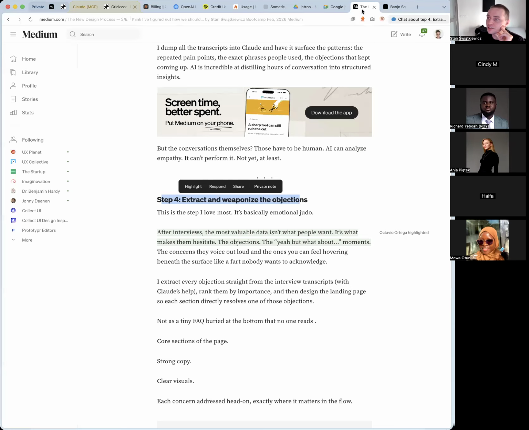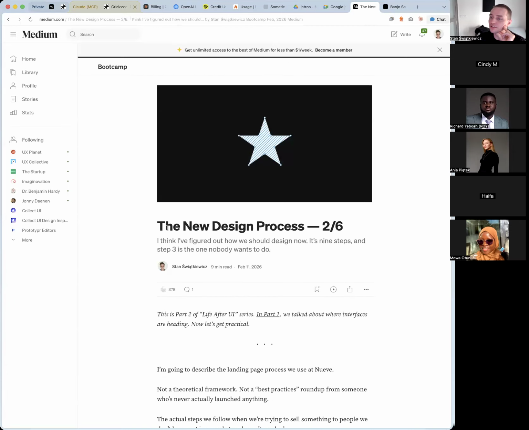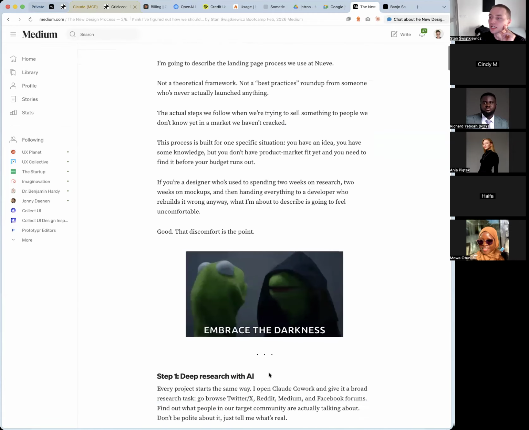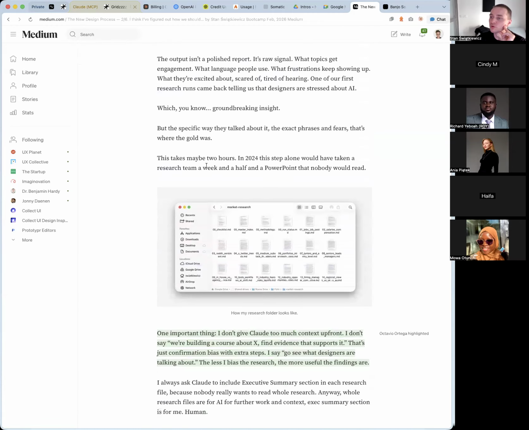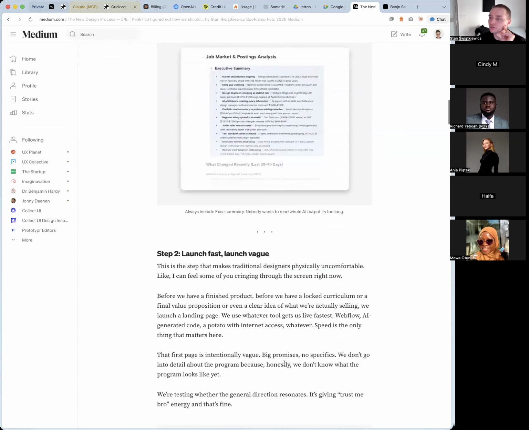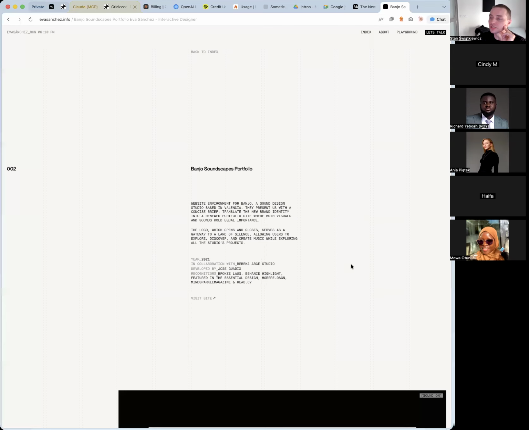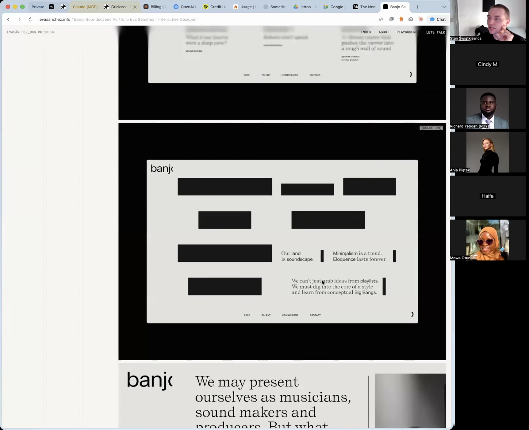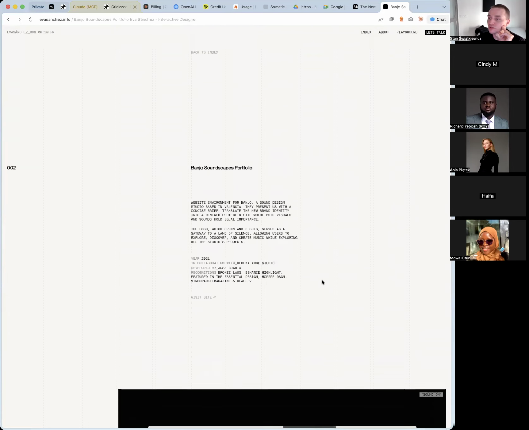So these are two ends of a spectrum. Over here, we have one case study that is very process focused, right? And it's pretty much words with screenshots. And over here, we have the other end of the spectrum where the work is just simply beautiful.